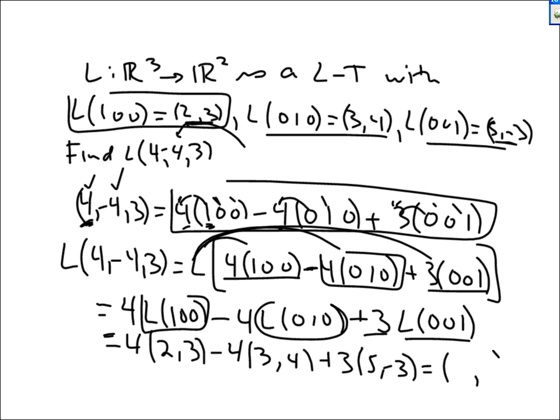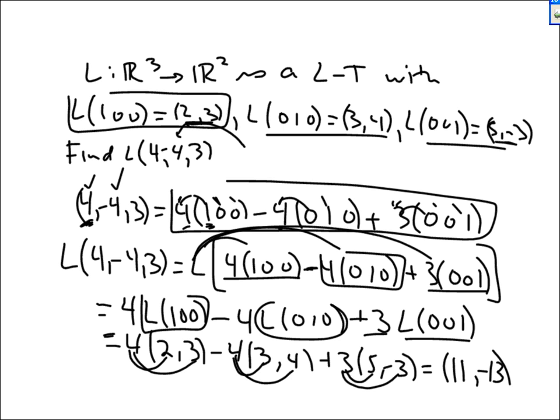So I'm going to get something in R2. First entry will be 8 minus 12, which is negative 4, plus 15 is 11. And then you get negative 12 minus 16, which is negative 4, minus 9 more, negative 13.